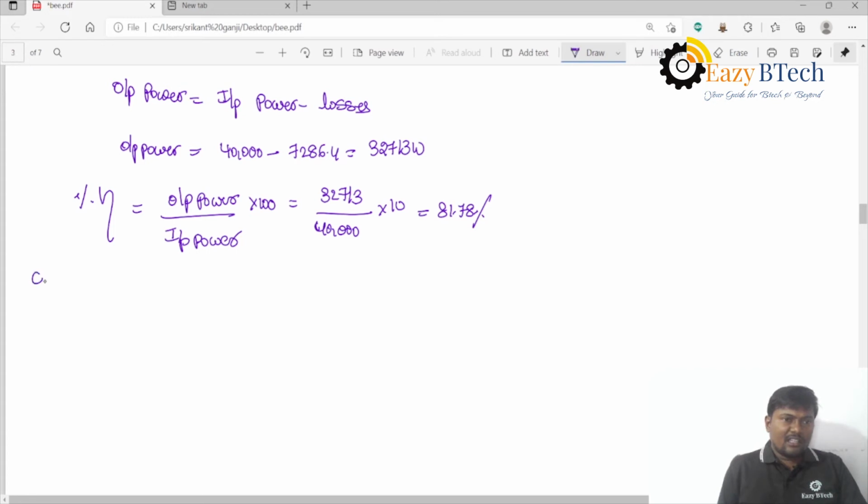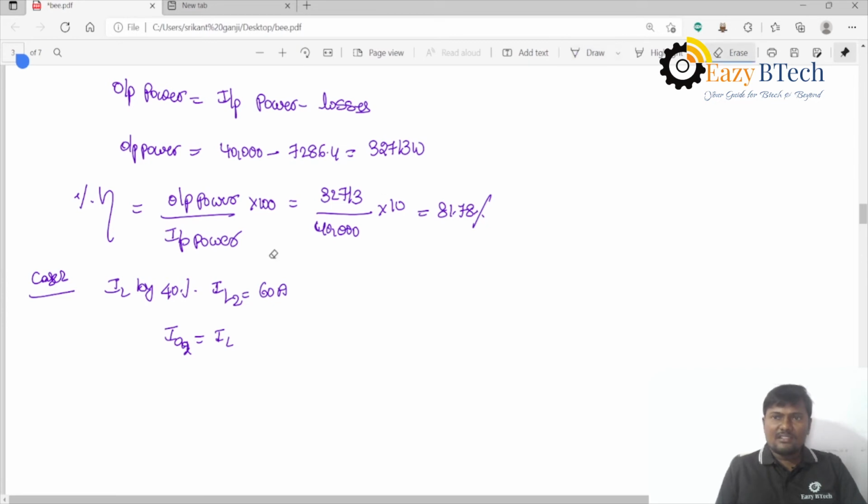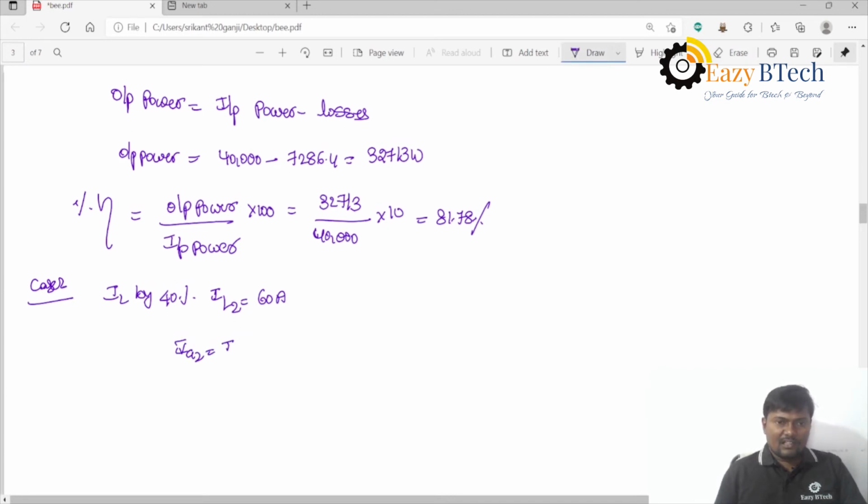In the second case, the line current is reduced by 40%. That means IL2 is equal to 60 amperes. Again you can calculate IA2, which is equal to IL2 minus ISH.